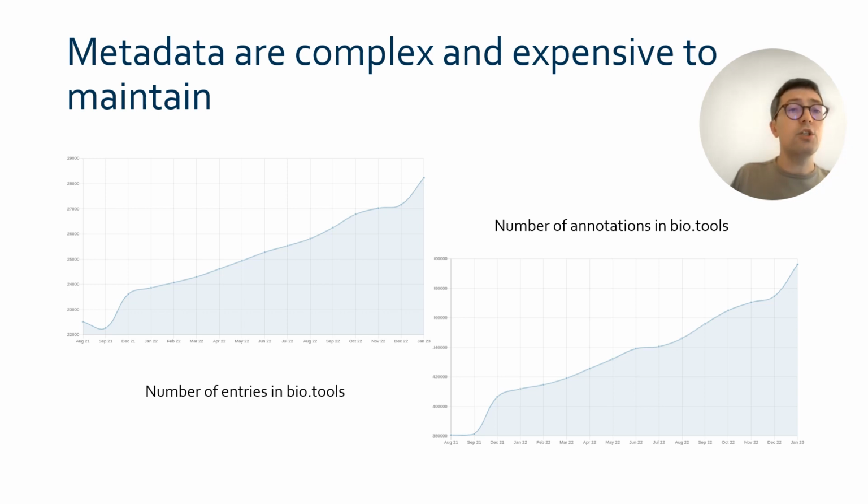The number of annotations for each tool, that is, the number of specific properties which are available, is now close to 500,000. So, in the long run, the cost associated with the maintenance or curation of these metadata can only grow, and this can have consequences on the sustainability of the systems which rely on them.